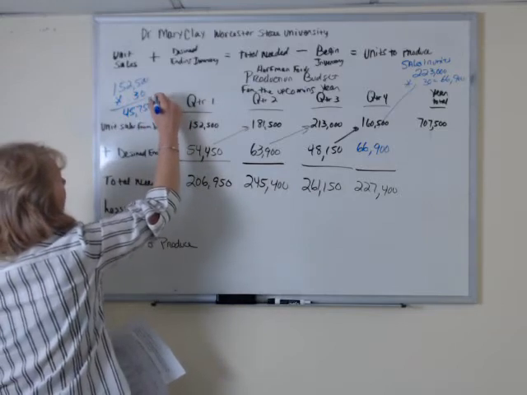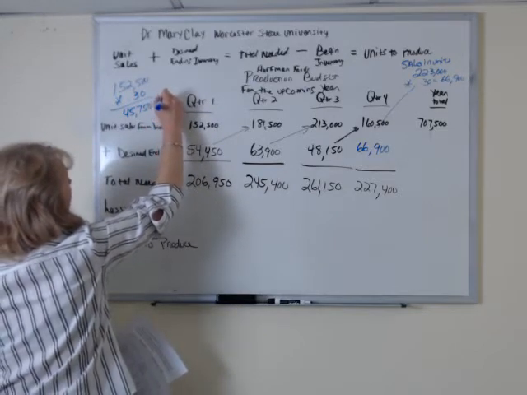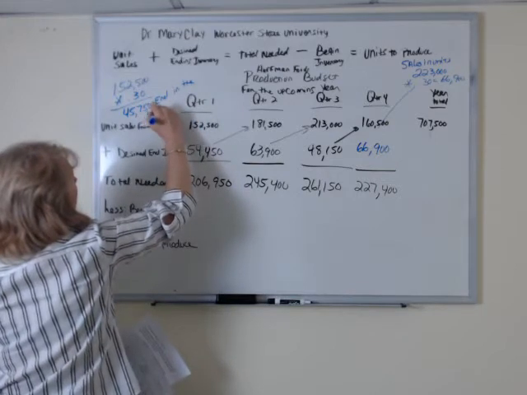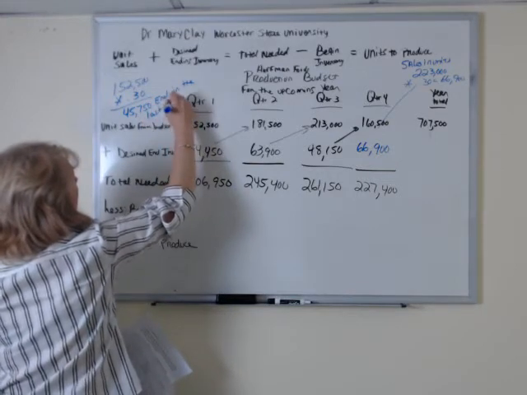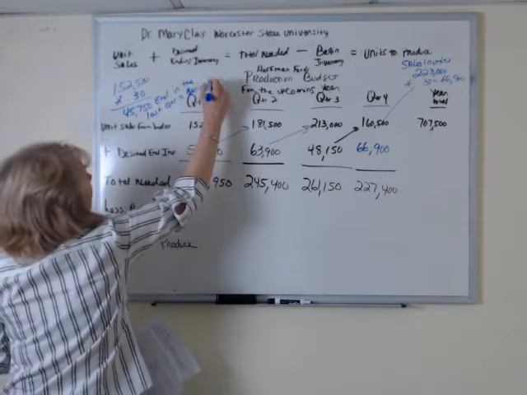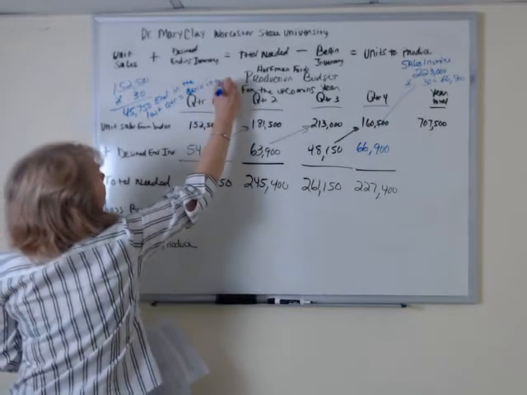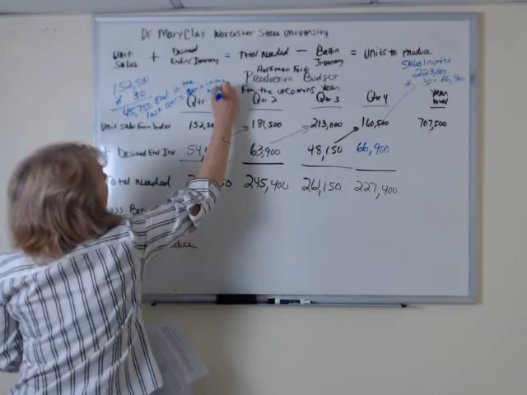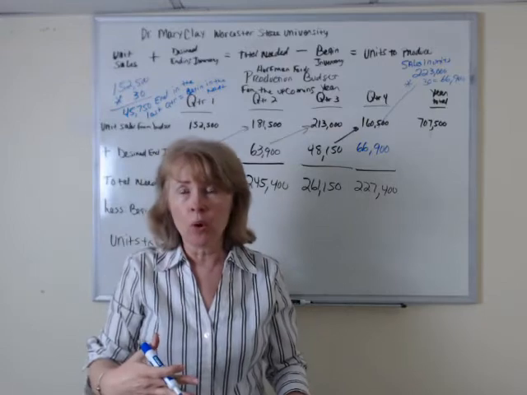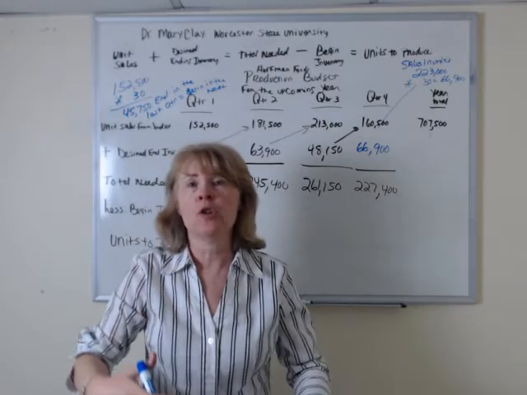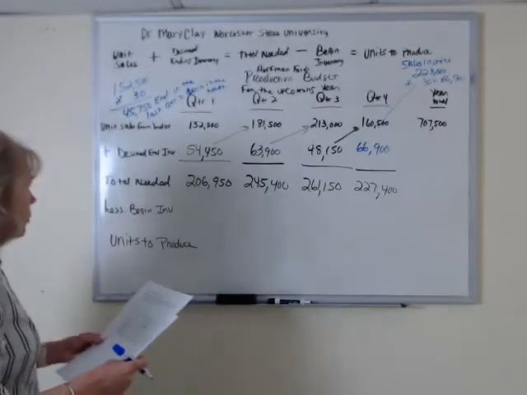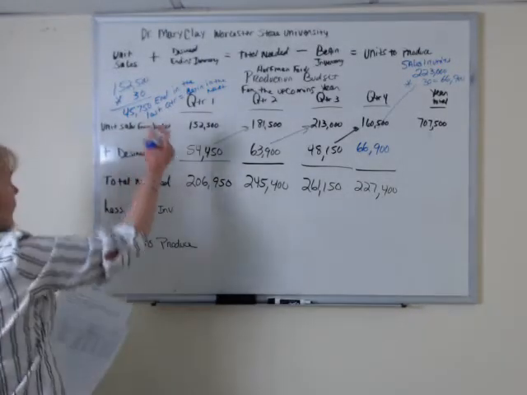That was my ending in the last quarter equals beginning in the next. Okay, so remember, your ending inventory from a prior period is your beginning inventory for the next period. Okay? All right, so that was 45,750.